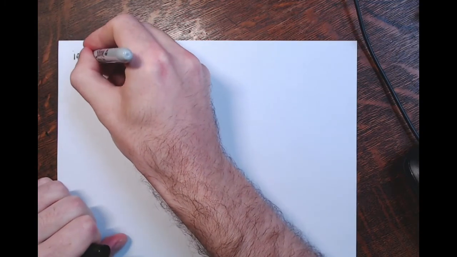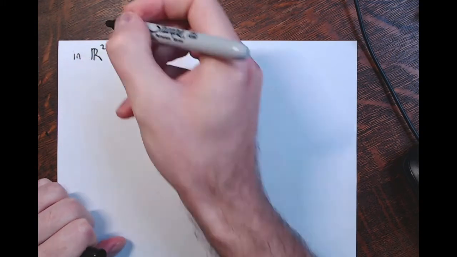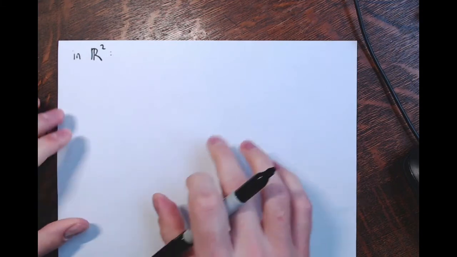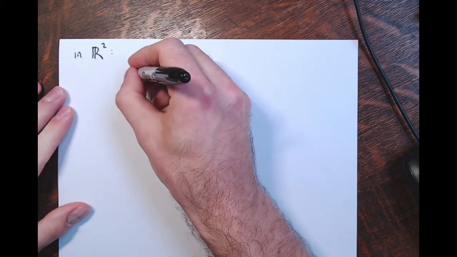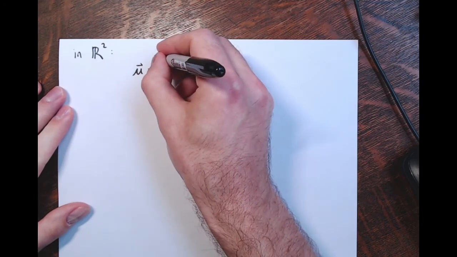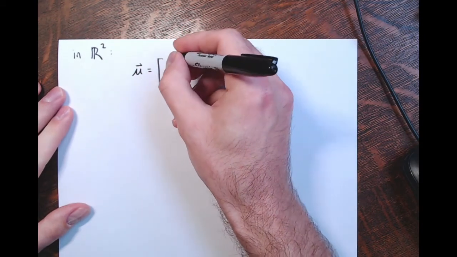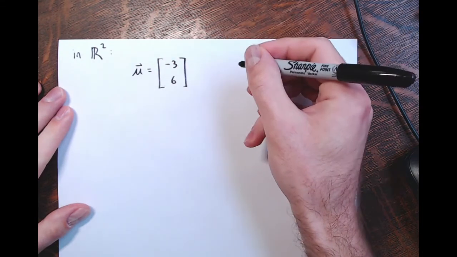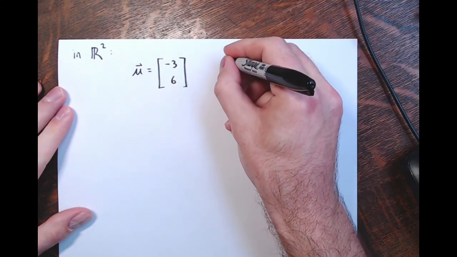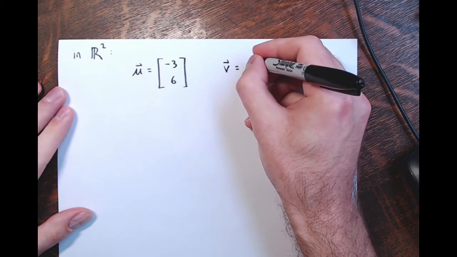Let's get rid of the calculator. So we're in space R2, vectors with two components that are real numbers. Now let's suppose I have a vector u with components -3 and 6, and a vector v with components 2 and 1.